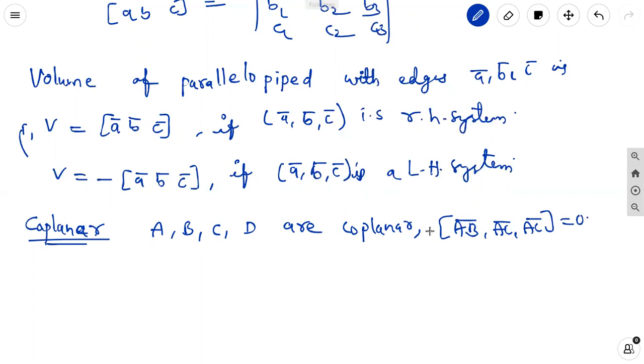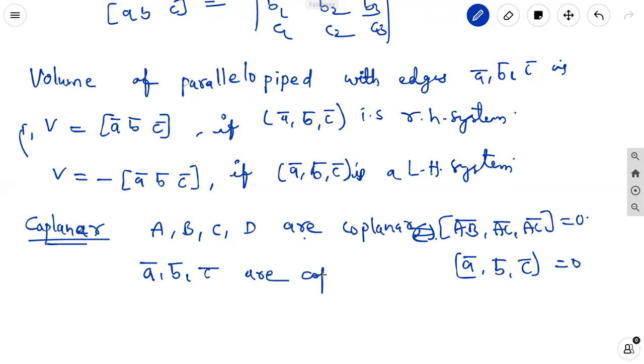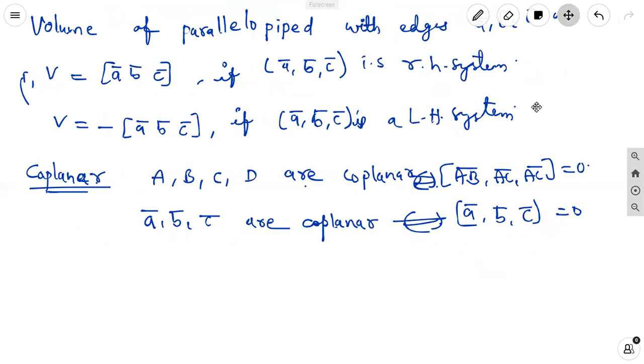If three vectors are coplanar, then directly [a, b, c] is equal to 0. If a, b, c are coplanar, then and only then the volume of a, b, c is equal to 0.